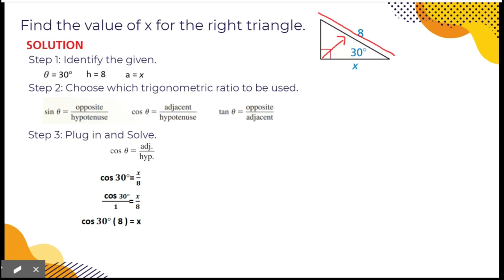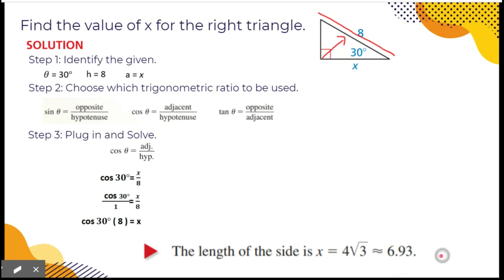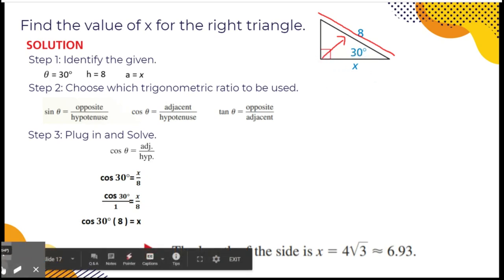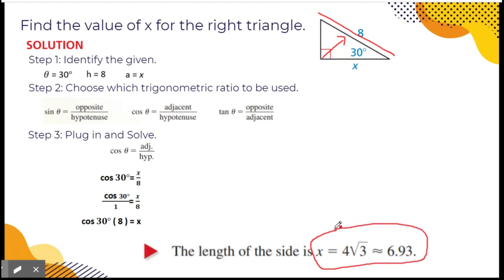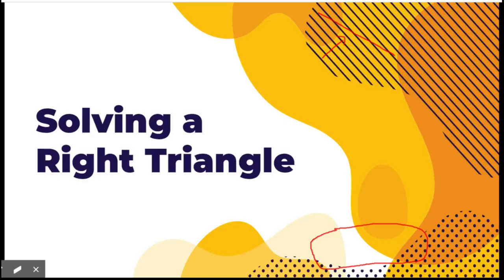Put cosine 30 degrees times 8, then it will eventually give you a value that is equal to 4 square root of 3 or approximately equal to 6.93. Therefore, the value of our missing side is equal to 4 square root of 3 or approximately equal to 6.93.